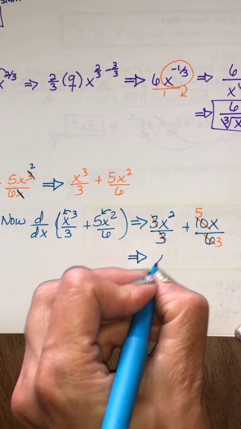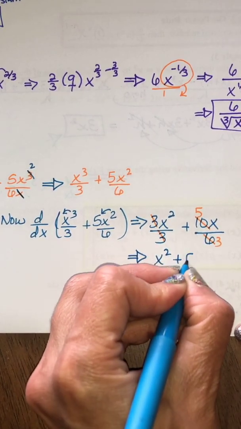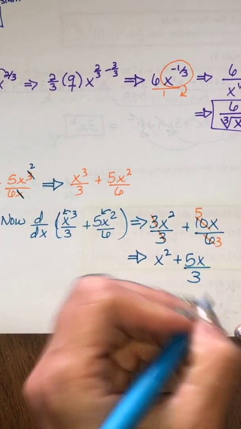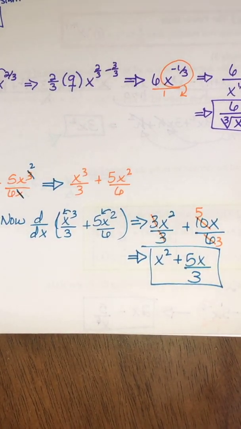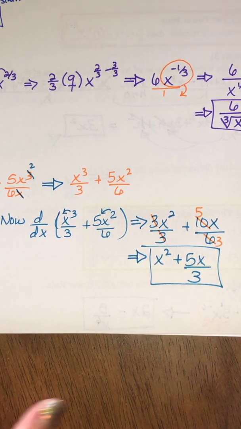So now we have x squared plus 5x over 3. Imagine doing this problem, doing the x plus h minus x all over h thing. It would be pretty lengthy. We could do it, it would take a lot of space on paper. Nobody's got time for that, now that we know the shortcut.